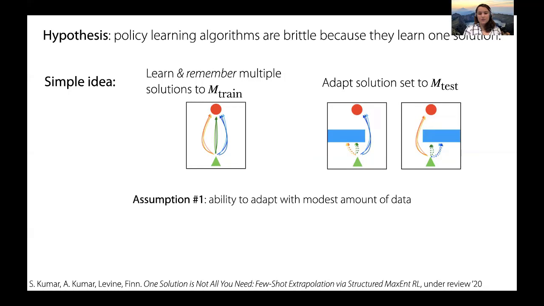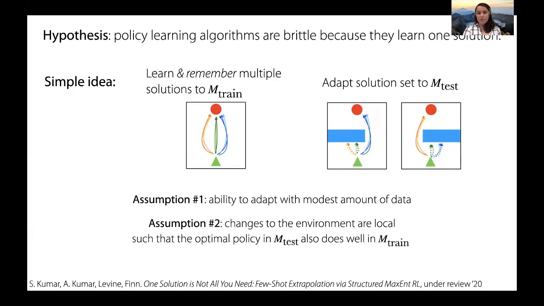So the first assumption is that we can adapt with a modest amount of data on mtest. And we need to be able to do this to figure out which solution is actually still viable in the test environment. And the second assumption is that the changes to the environment are local. And formally what we mean by this is that the optimal policy in mtest also does well in mtrain.